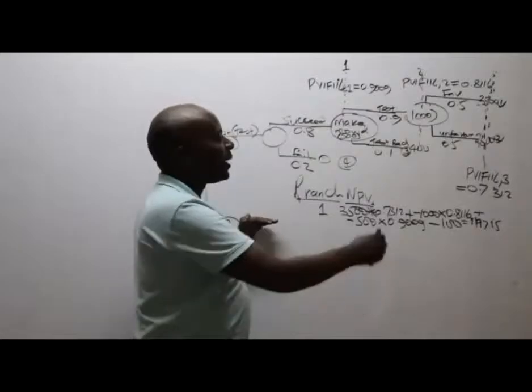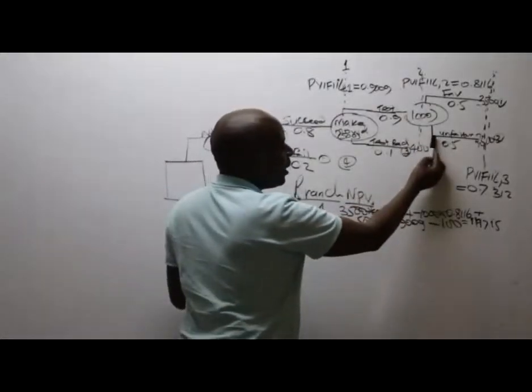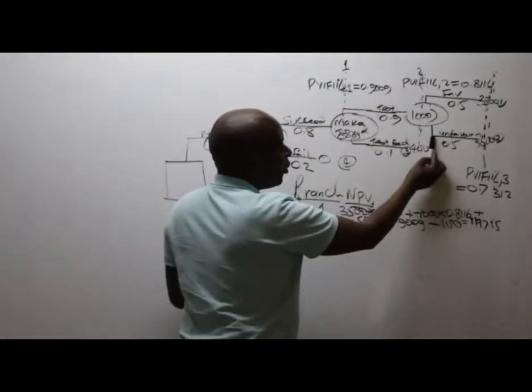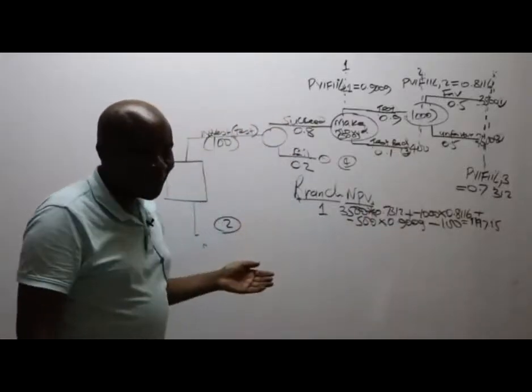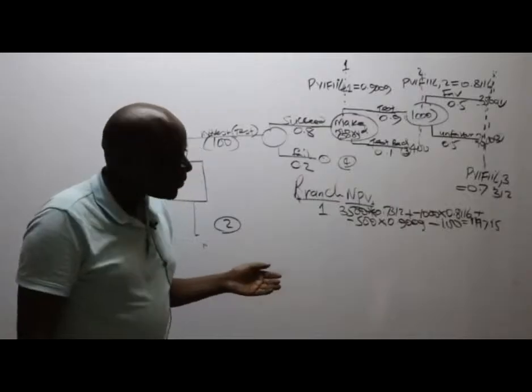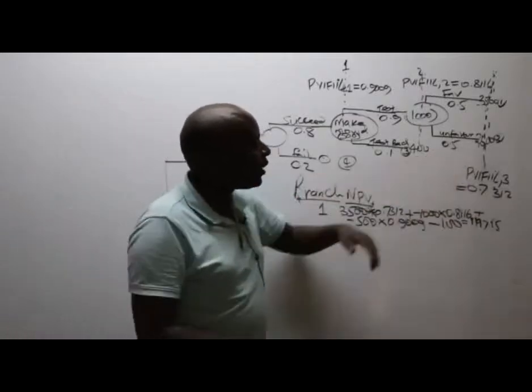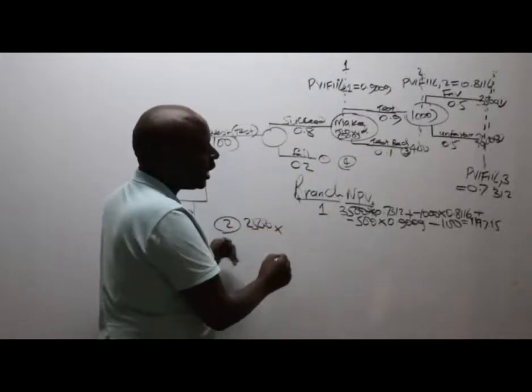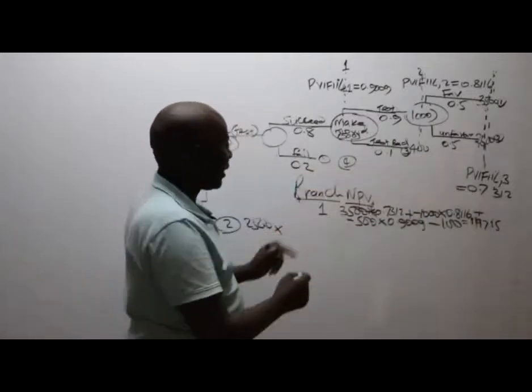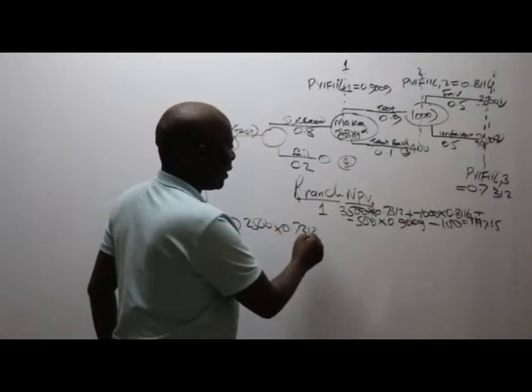Somebody told me some time back that, Mwalimu, if you're a Subaru man, you can reach here and then you jump to hell very fast, right? So we have here plus 2,500 times the discounting factor 0.7312.